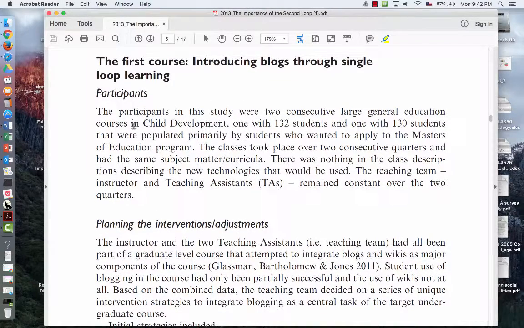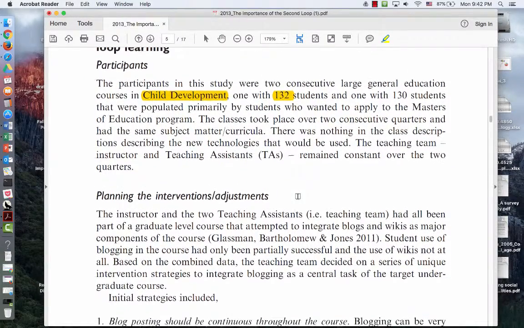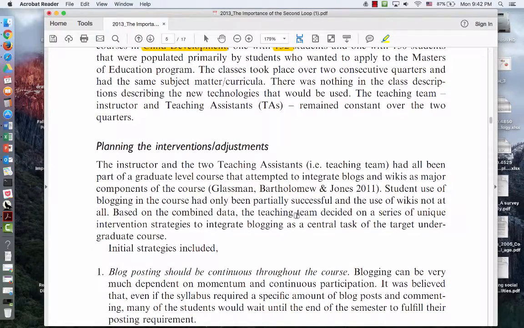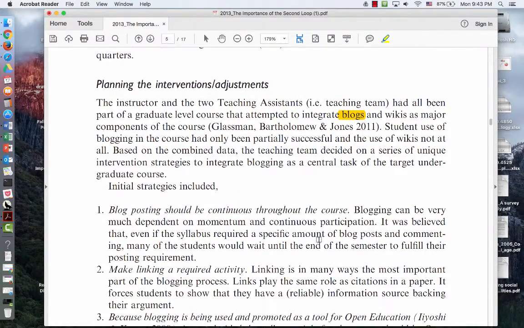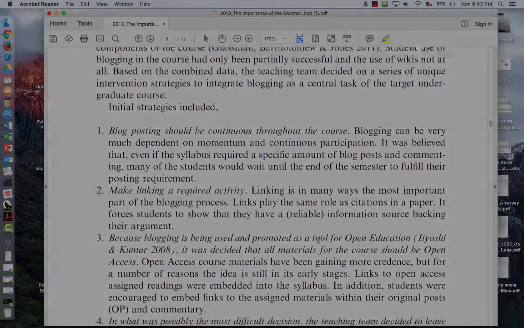The course is child development, and you can see it is a pretty large class. And one of the goals for this course is to integrate technology, particularly blog, into the course to enhance student learning. And the instructors designed a couple of strategies.